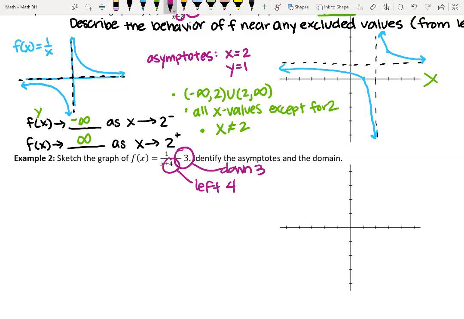All right, so I'm going to draw these asymptotes where we're talking about. I went down 3, so my horizontal asymptote is down at negative 3. And to the left by 4, so my vertical asymptote is over here at negative 4. All right, and I'm going to extend this a little bit so that I can show my graph. So I should hit this point, what is it, negative 3, negative 2, at that point.